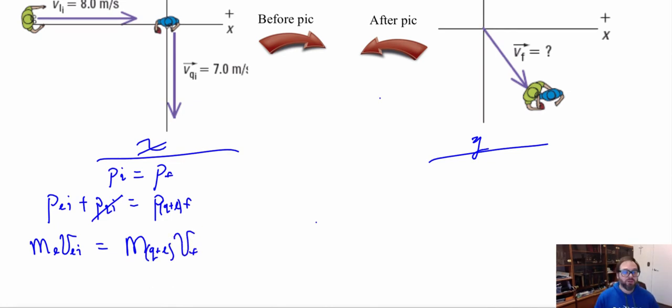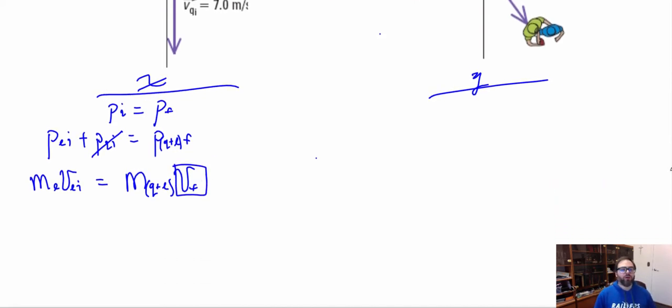Now I must isolate for my final velocity in the x. My final velocity is equal to the mass of the linebacker multiplied by the initial velocity of the linebacker divided by the mass of the quarterback and linebacker combined.